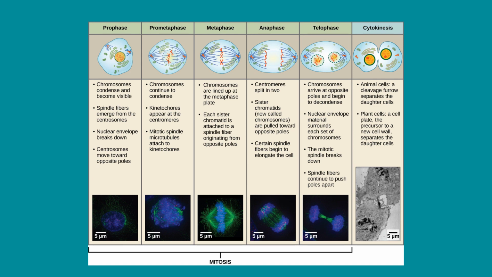Metaphase right here, you can see how the chromosomes are all lined up right down the middle. And then in anaphase right here, you can see how they have been pulled apart, so they're no longer along the middle. And then in telophase, you're starting to get the beginning of the two new daughter cells.